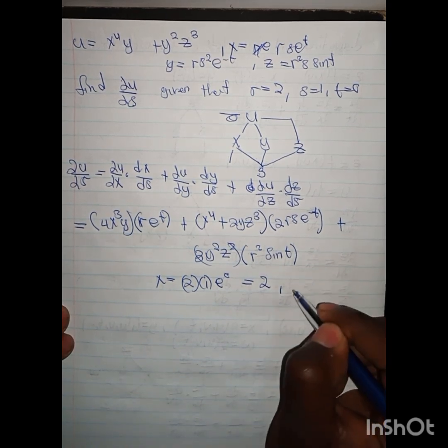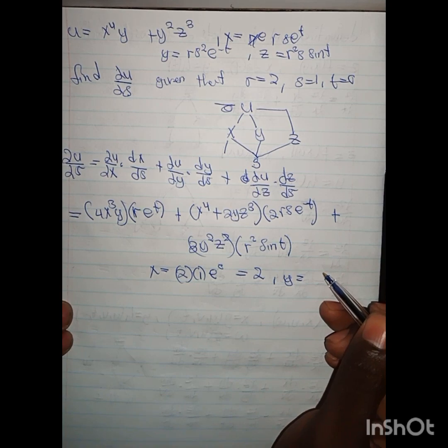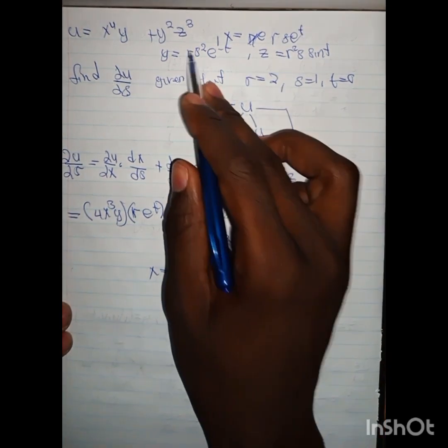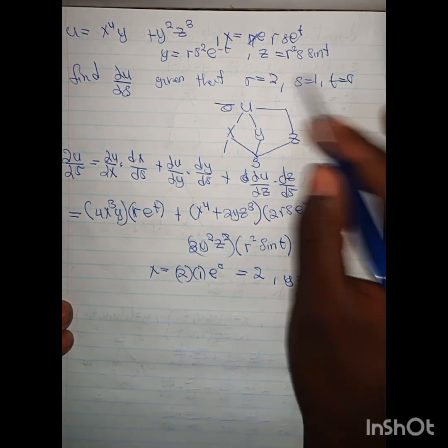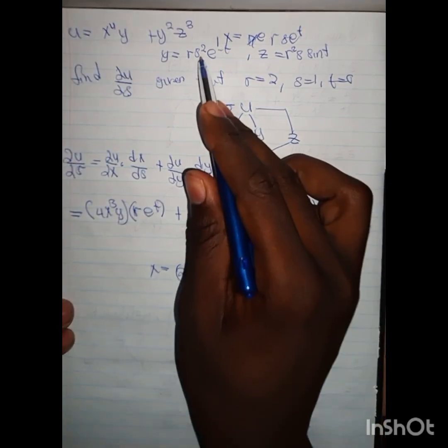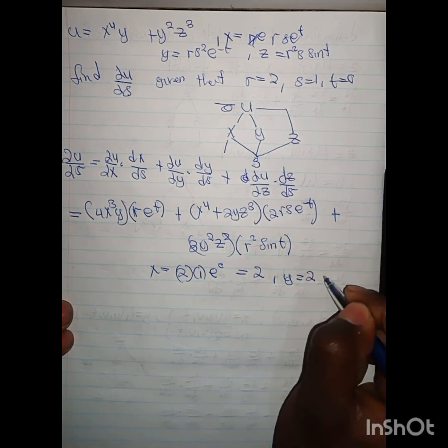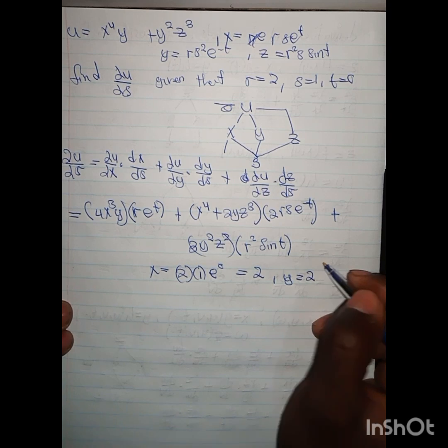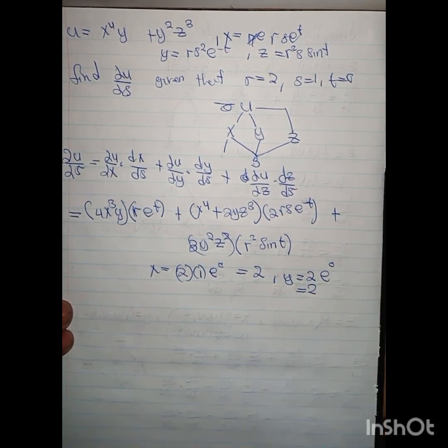And then we can also find y when r is 2, s is 1, and t is 0. It means we're going to substitute r, s, and t using these values. It means now we'll have r is 2, then s squared is 1 to the power 2, which is just a 1, e to the power 0, then this is also a 2.